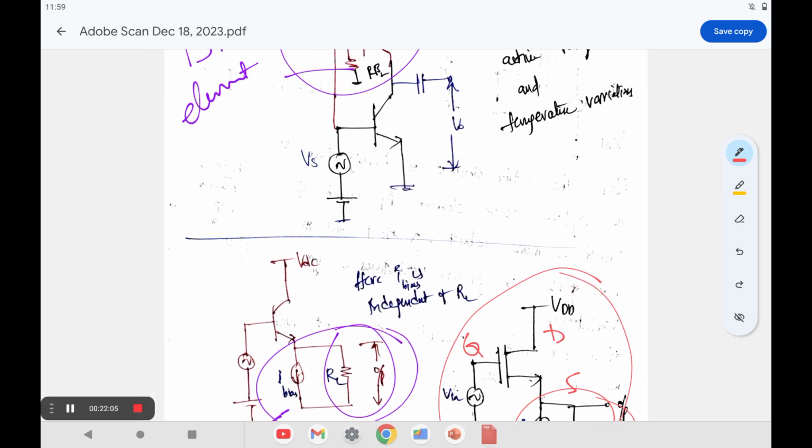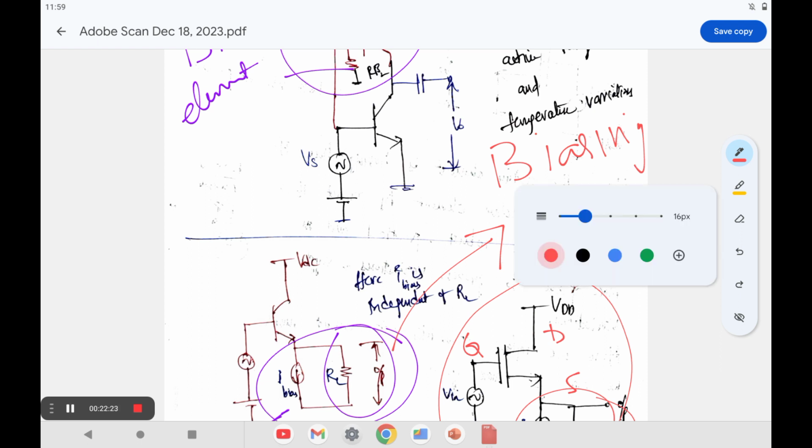So what are the characteristics of a biasing element? This is very important. Suppose you want to replace this circuit with some biasing circuit. What are the characteristics of the biasing element?